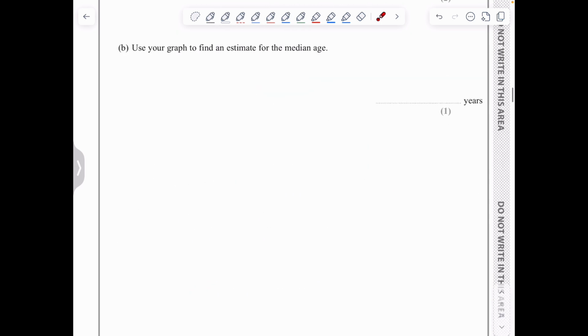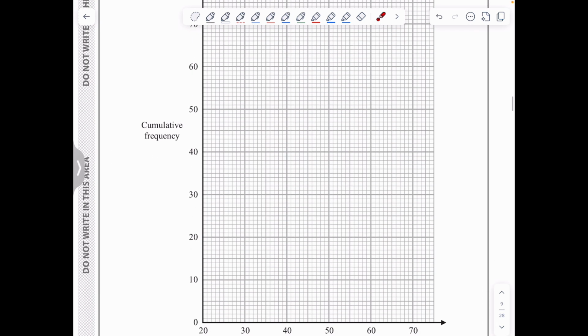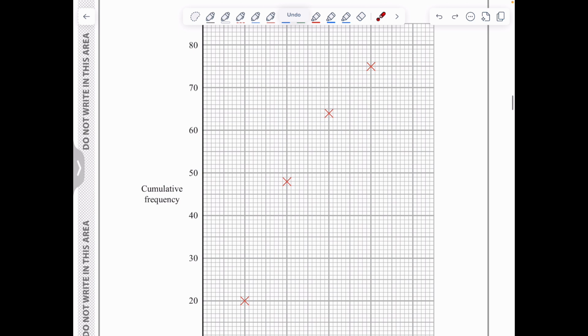So if I go on my diagram here on the grid, I will start by plotting the points. So this is the 30, 20, then the 40, 48, and so on. And then I will be joining them together with straight lines, or I can simply draw a smooth curve to join them together. And this is the cumulative frequency curve.